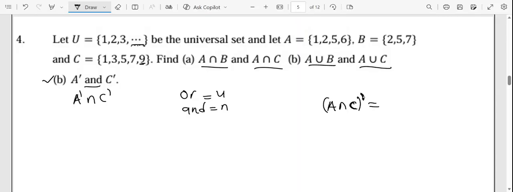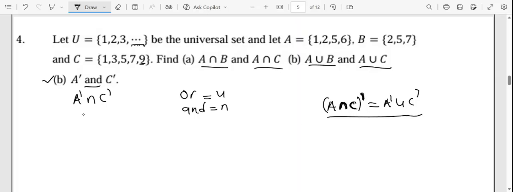You distribute it, and that will be A complement. The moment this complement crosses, whether it is union or intersection, it has to change: if it is intersection, it changes to union. So this is De Morgan, in fact.